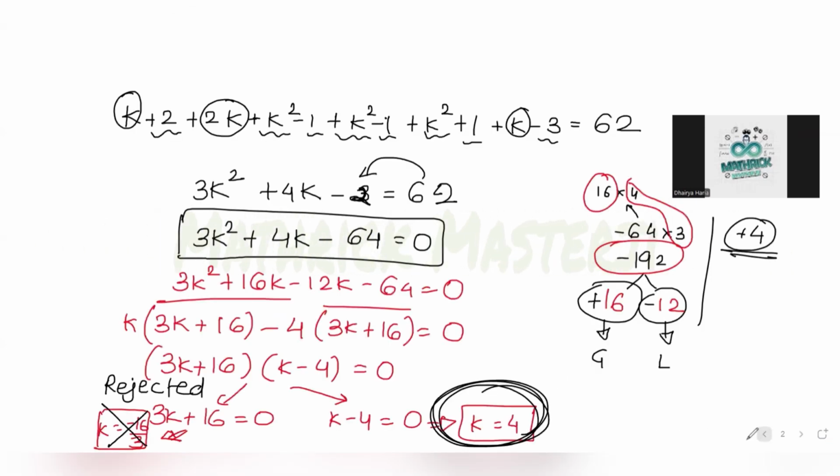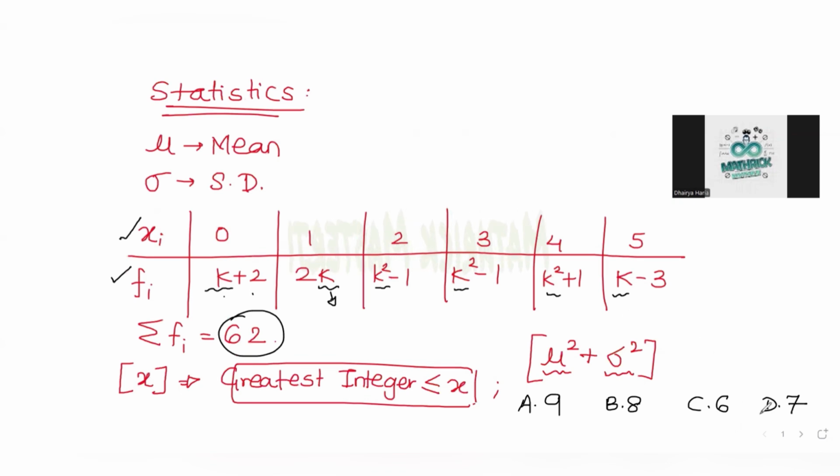Then I have k square minus 1, twice: 4 square minus 1, so 16 minus 1, 15. Here I get 15, and here 16 plus 1, so 17. The last one says k minus 3, so 4 minus 3, which is just 1. So that's my frequency table.